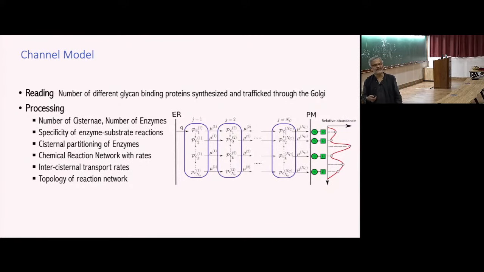It's like building a polymer, except it's a branched polymer. But then B can add more and more B monomers, not just one B monomer. It depends on how long you lingered in this system, which is controlled by the rates.